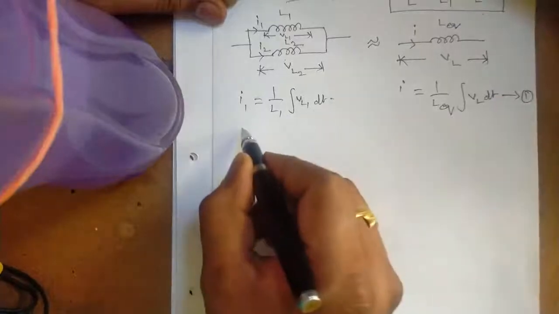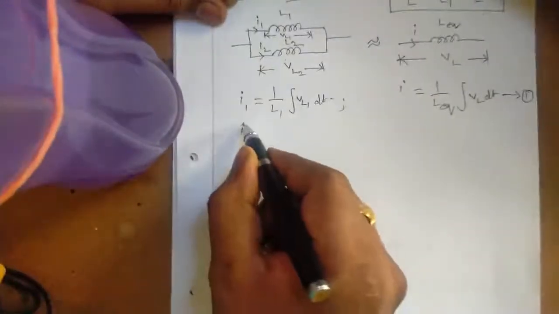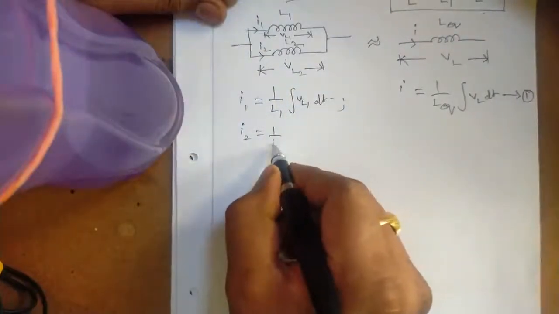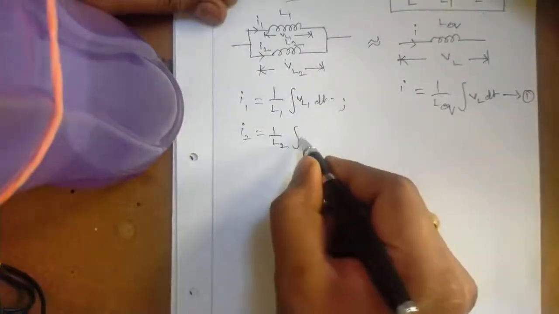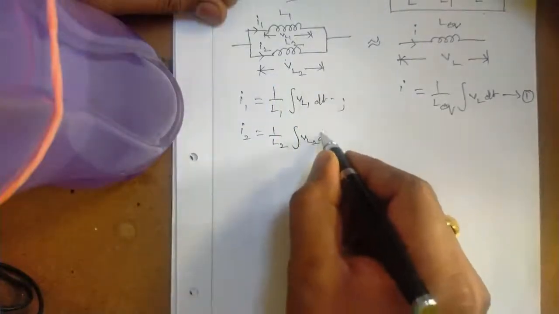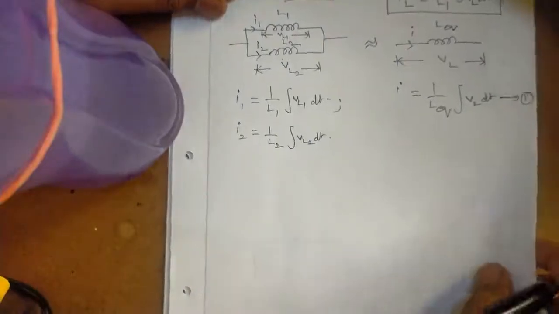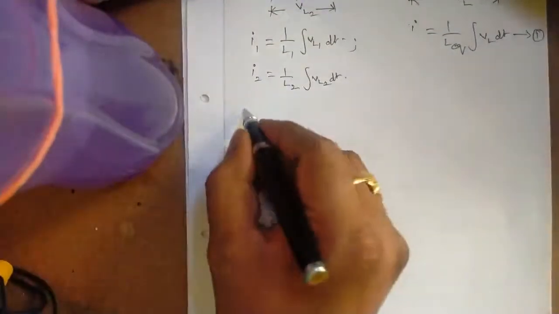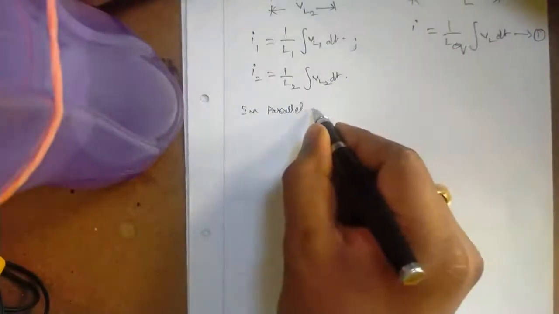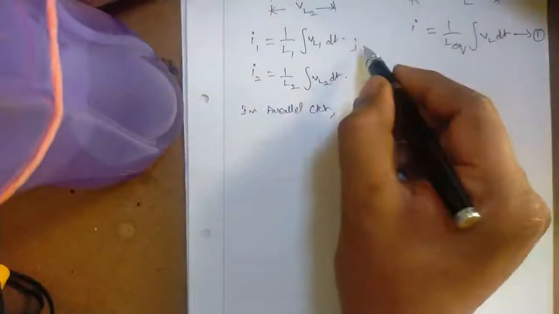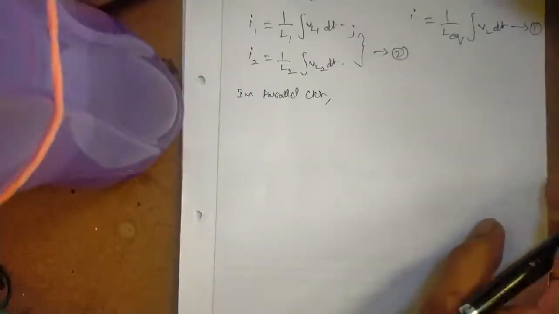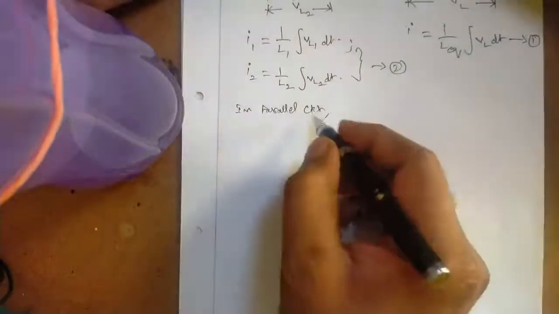Next, similarly, I2, that is the current passing through the inductor L2, is 1 by L2 integral of the voltage across inductor L2, VL2 dt. This is expression 2.